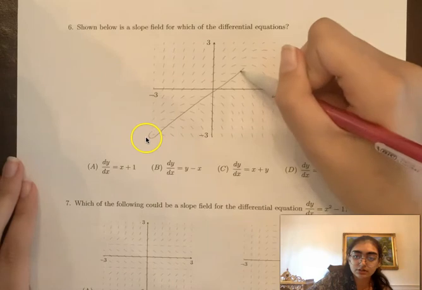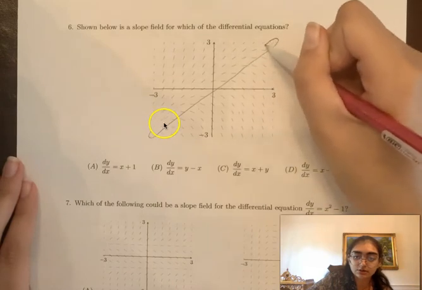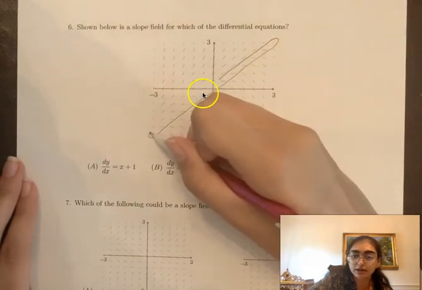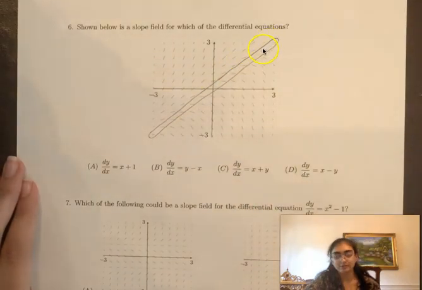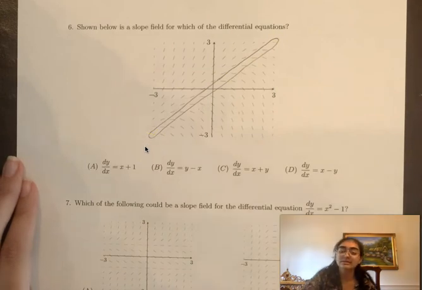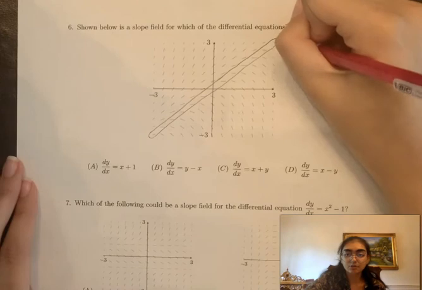We also see that there's a bunch of horizontal lines going diagonally right here. That means that when y is equal to x, we get a slope of 0.